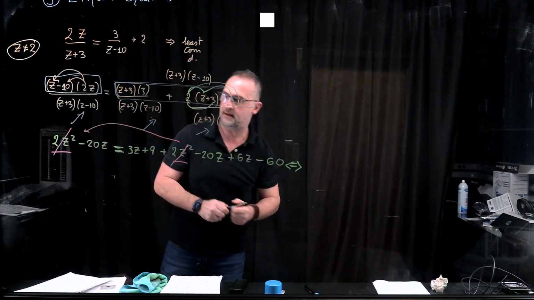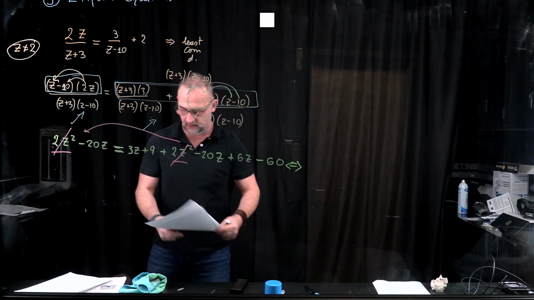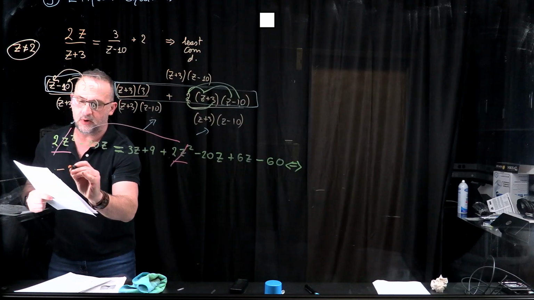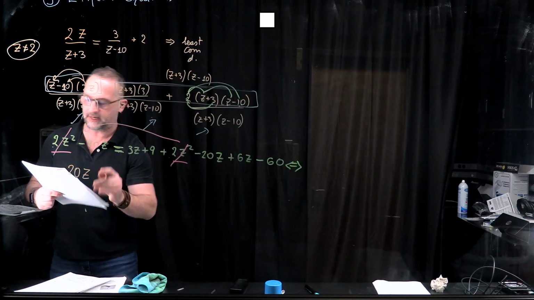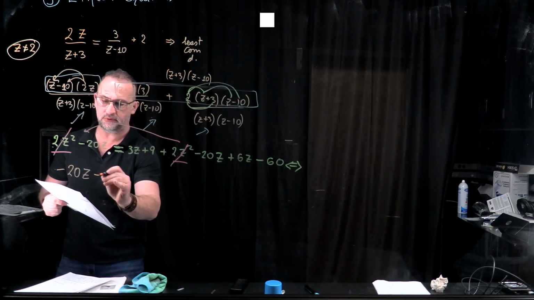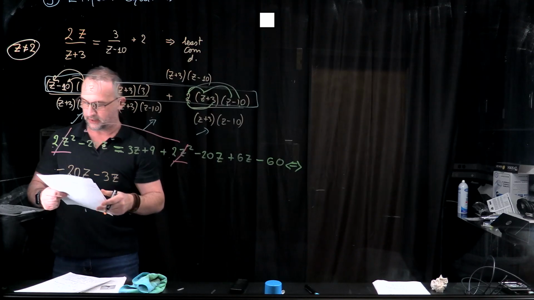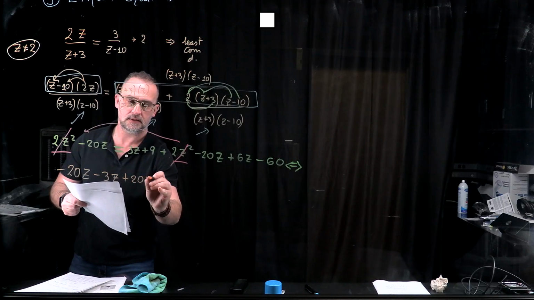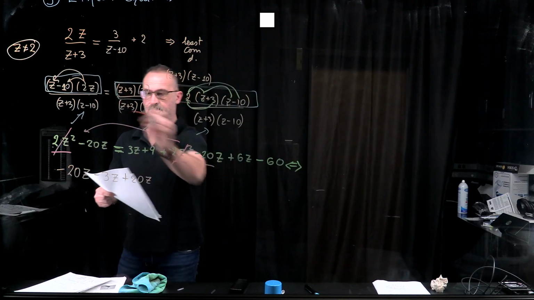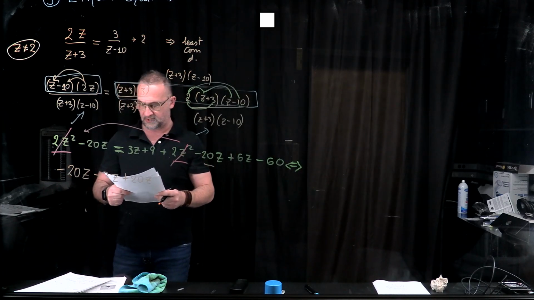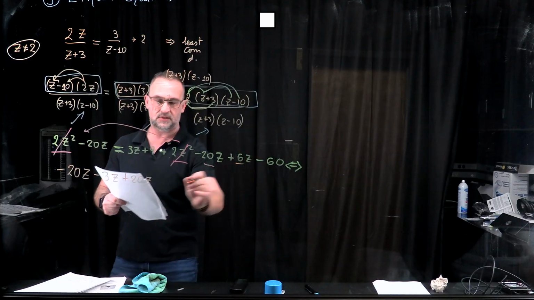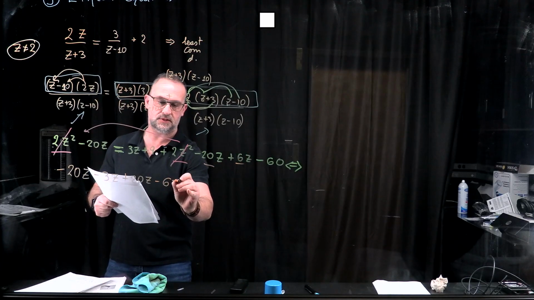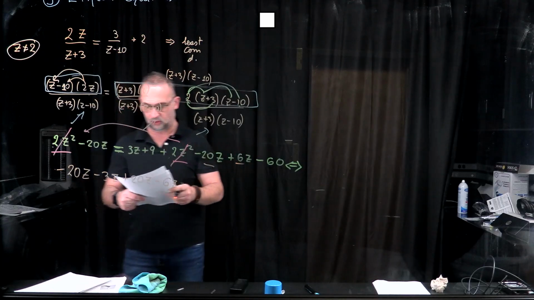It's pretty obvious that these will cancel, and you're going to be left with negative 20z minus 3z plus 20z. Again, this is this, traveling to the left side. And finally we have this, minus 6z. It's going to change the sign, of course.